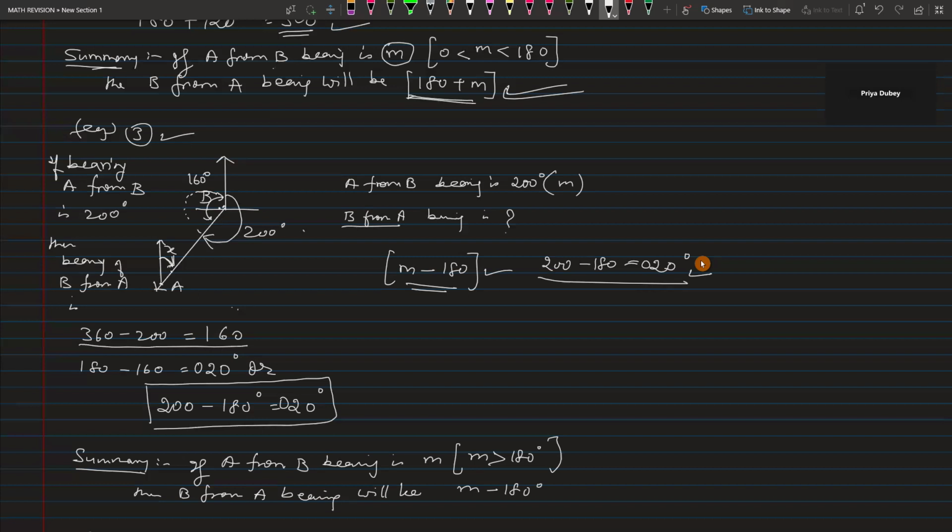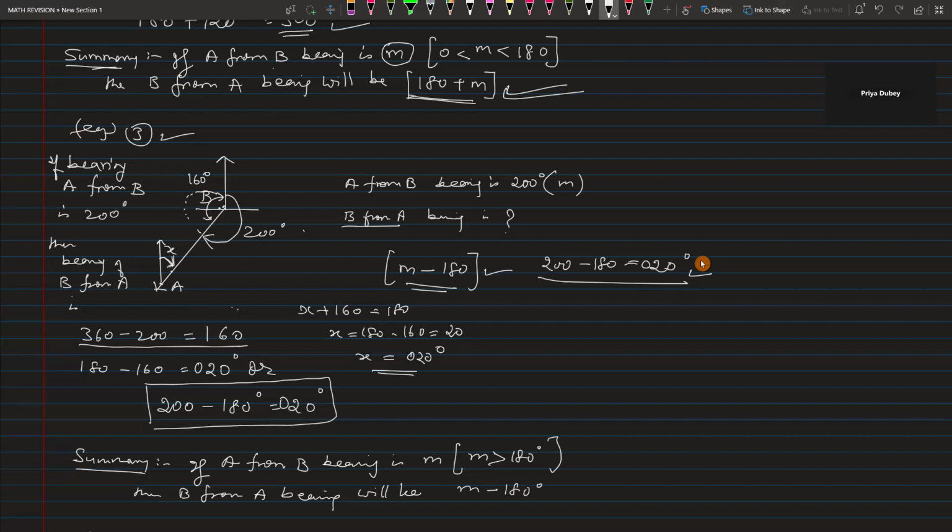The X and the 160 are co-interior angles, so both have to sum up to 180. X plus 160 should be 180, isn't it? So you will get X equal to 180 minus 160, which is nothing but 20 degree. So your X, that is your bearing of B from A, is 020 degree. Understood?